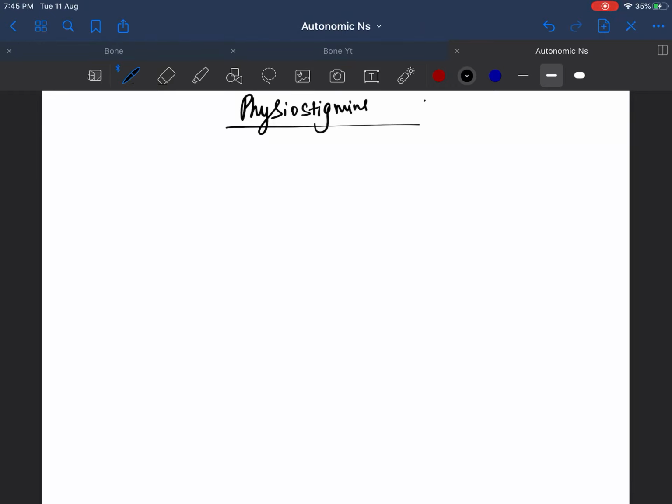So we have discussed it's lipid soluble. It is a non-polar drug, obviously. So it can act both peripherally, like 50% of it will act on the periphery and 50% of it will cross the blood-brain barrier, and it will do its job there.